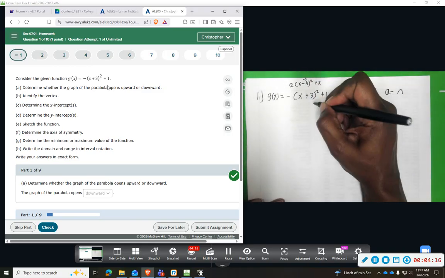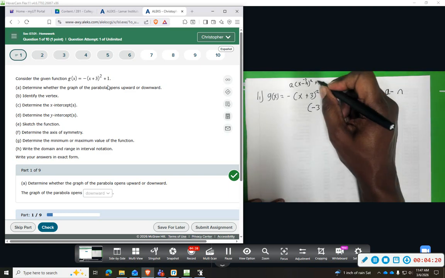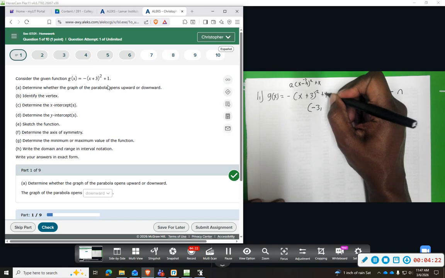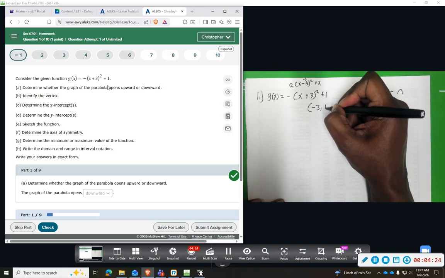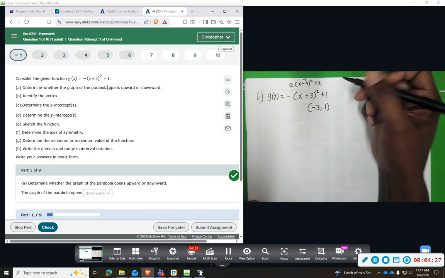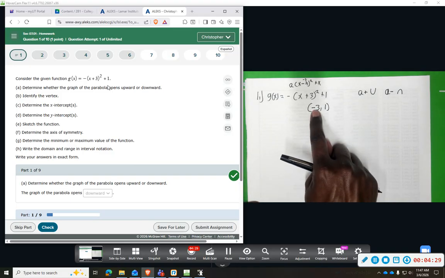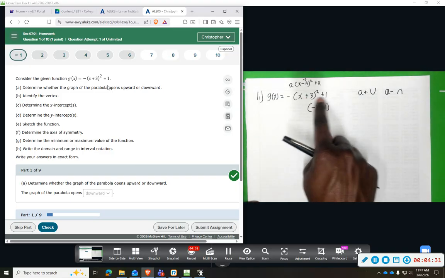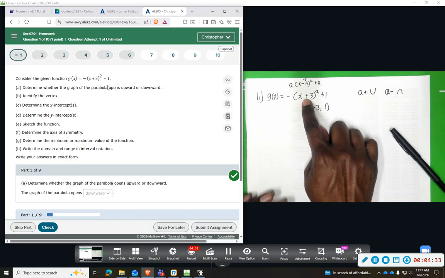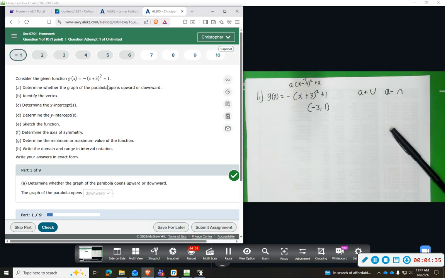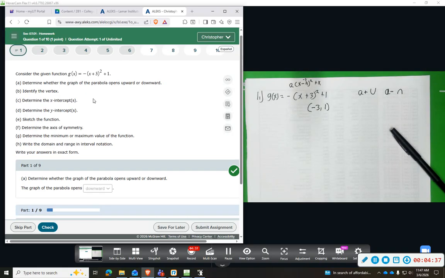So that tells me that the h value is negative 3. The k value is still positive, so that sign is the same. That value is going to be 1. Your vertex is given by that ordered pair, opposite sign, same sign. So the vertex is negative 3, 1.